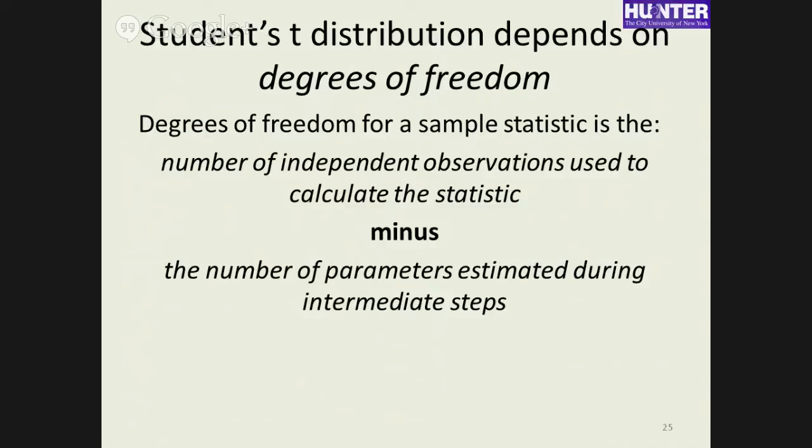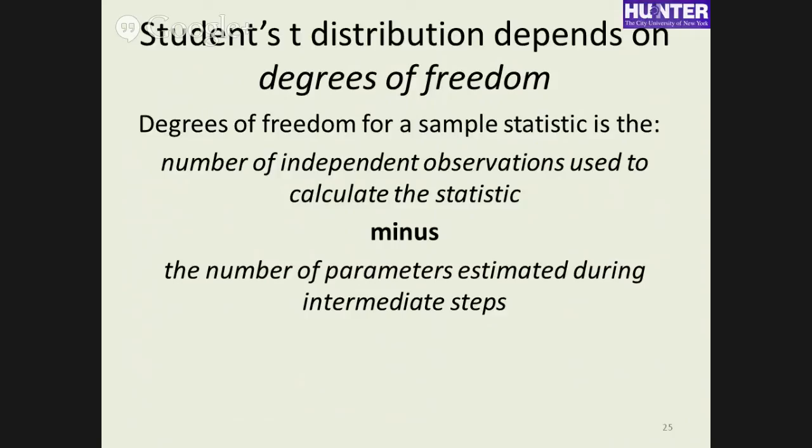We're almost done. Here was the answer to your question a few slides later: the number of independent observations that you use to calculate the statistics minus the number of parameters that you estimated. It's a little bit tricky for the t. We do estimate sigma and the sample mean, but they go together.